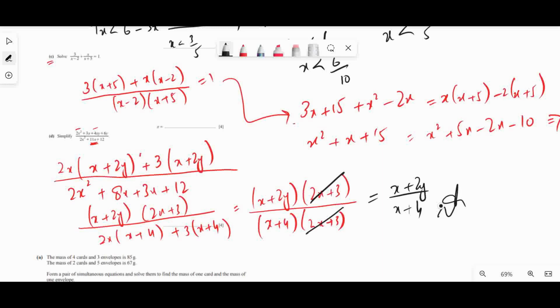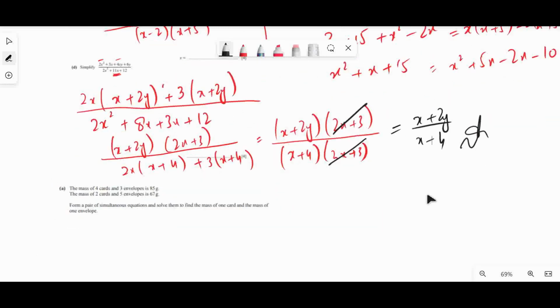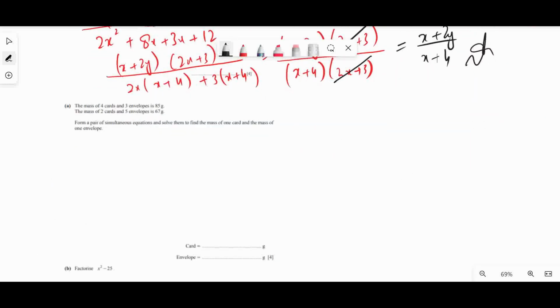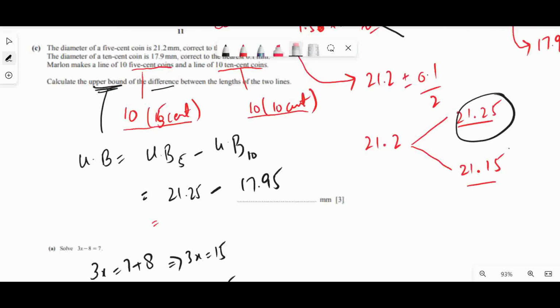Let's move to the next question, question number 4. There is a small correction in this particular question. Here we need to use the concept that we need to multiply it with 10. So we have to multiply it with 10.